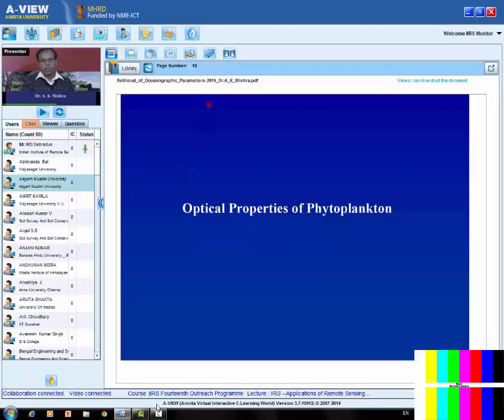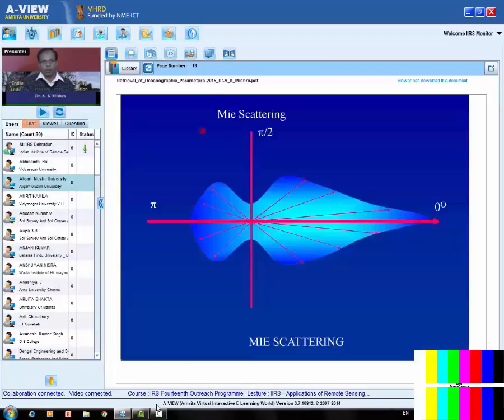Now I will be telling you about the optical properties of phytoplankton. So as you have seen, phytoplanktons have different size and shape. So they normally come under Mie scattering, and the forward scattering is found to be more than the backward scattering.